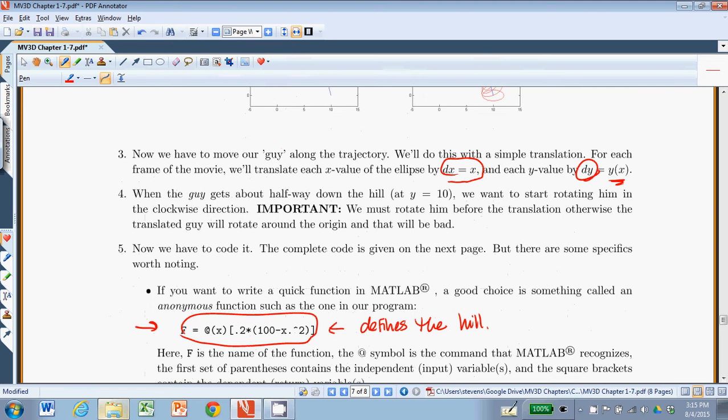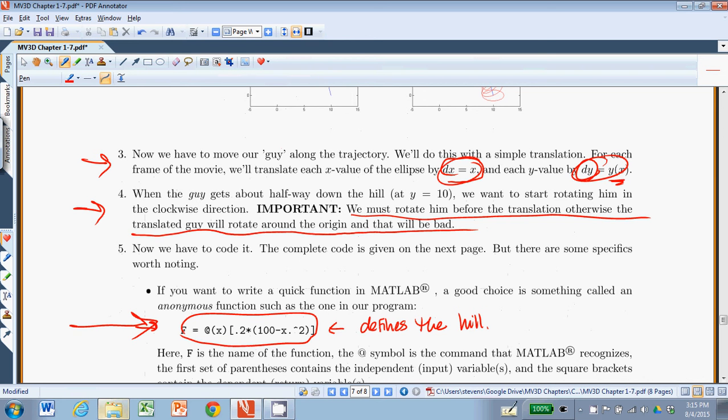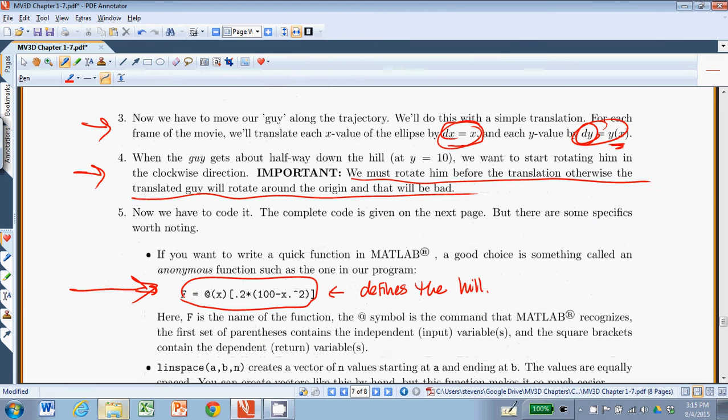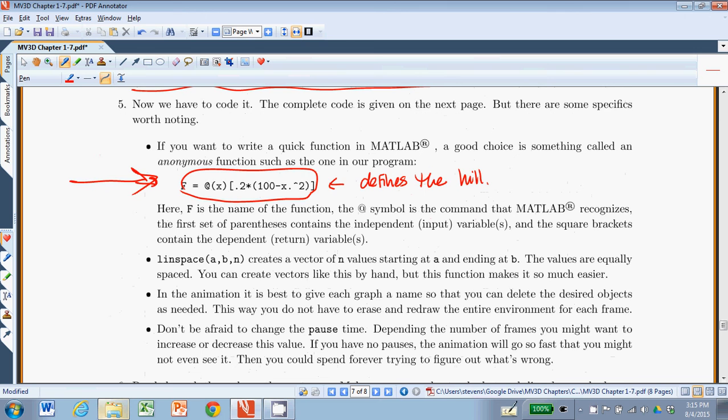So I'm just going to move the guy along the trajectory with dx and dy defined using this function. And when the guy gets halfway down, I'm going to start rotating him before I translate him. And remember, we must rotate him before the translation, otherwise the translated guy will rotate around the origin, and that's not at all what you want.